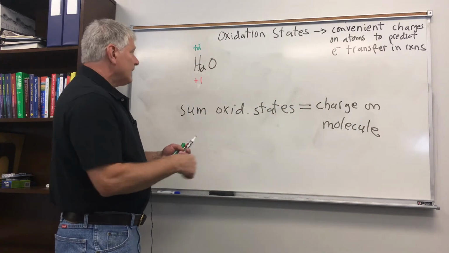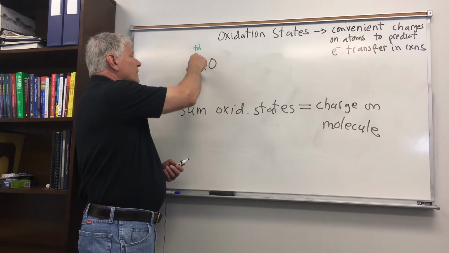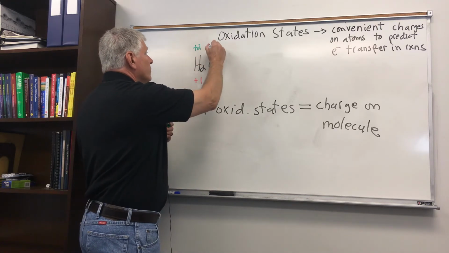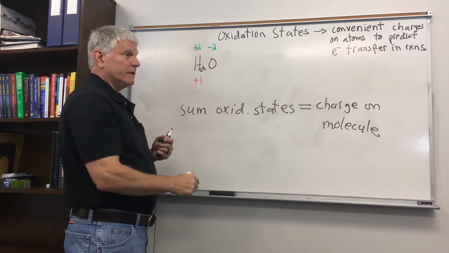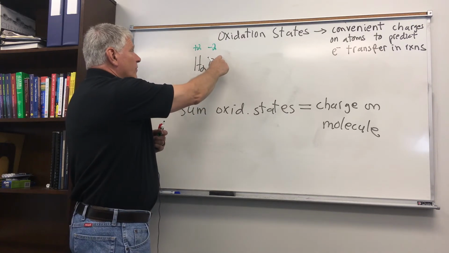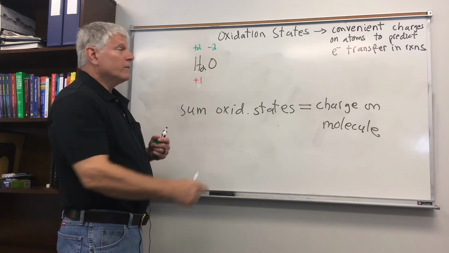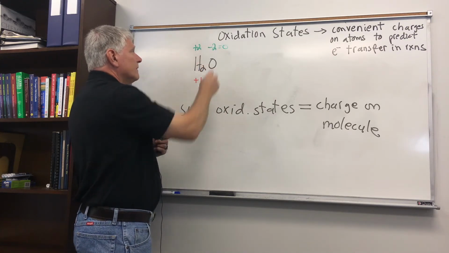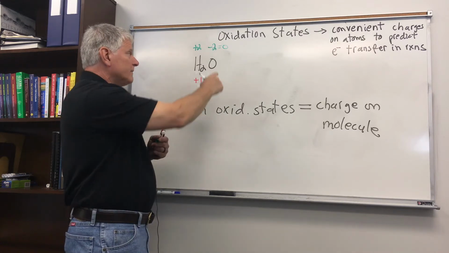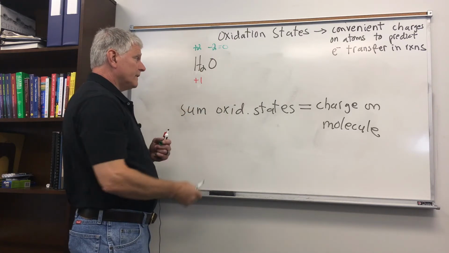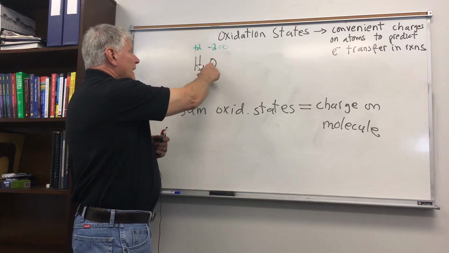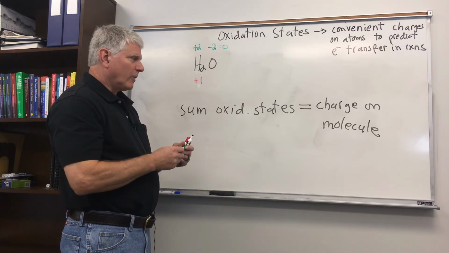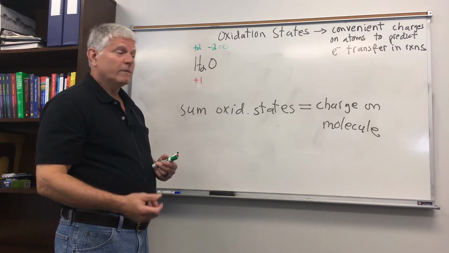So if we have +2 total now from the hydrogens, we're going to have -2 total on the oxygen because the total charge on the water molecule is 0. So +2 -2, that gives 0, which is the same as the charge on the molecule, 0. So in this case, oxygen has to be -2. As we saw from our rule, it is mostly -2.